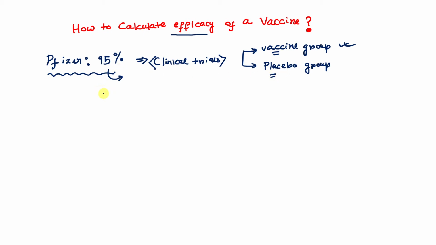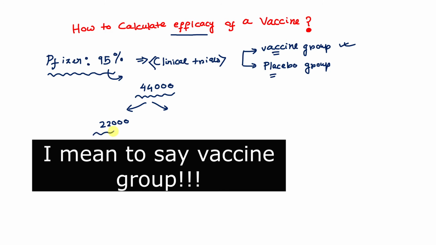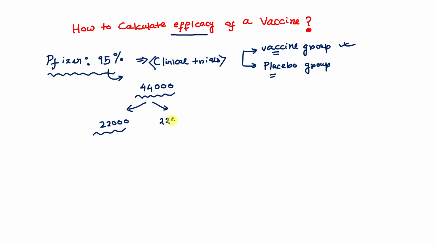In the case of the Pfizer vaccine, a total of 44,000 volunteers participated in the clinical trials. Among those 44,000 volunteers, 22,000 were in the vaccine group and the remaining 22,000 were in the placebo group. After the administration of the vaccines or the placebo, the health conditions of these volunteers were continuously monitored.